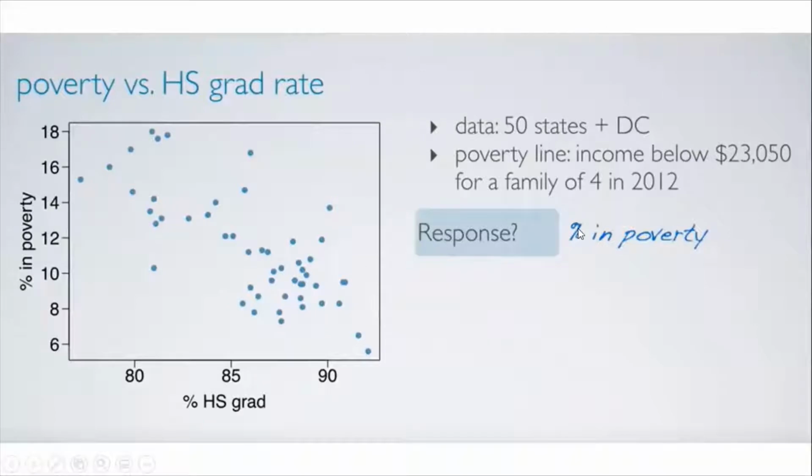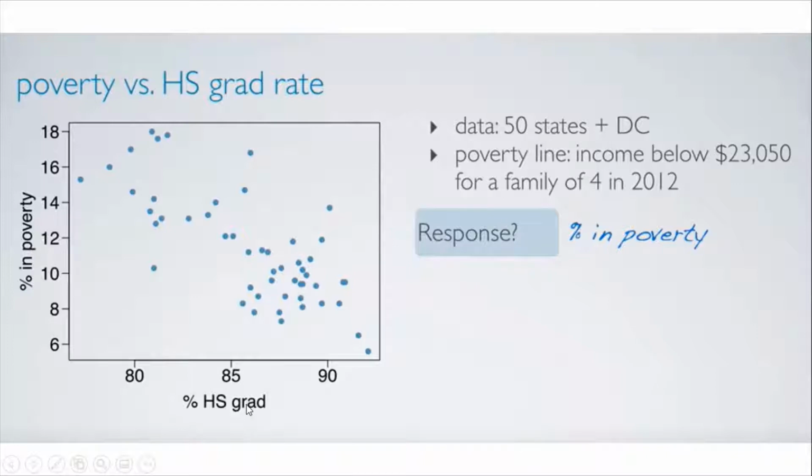So what is the response variable? Basically, there is no proper response or explanatory variable, but we can think about which one causes which. We can think of the logical pathway: high school graduate, which represents education.